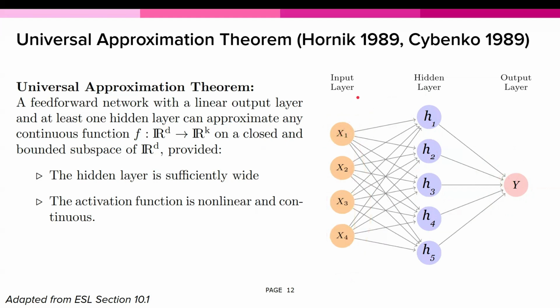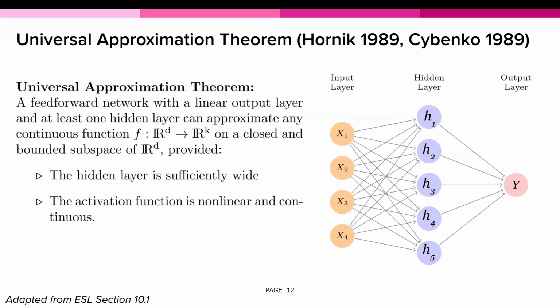If we have those ingredients, we can approximate any continuous function with arbitrary degree of precision, provided that the number of units in our hidden layer is sufficient. We call that the width of the hidden layer, and the hidden layer has a nonlinear and continuous activation function. This is the universal approximation theorem of multilayer perceptrons.